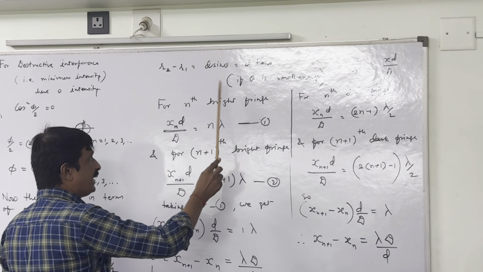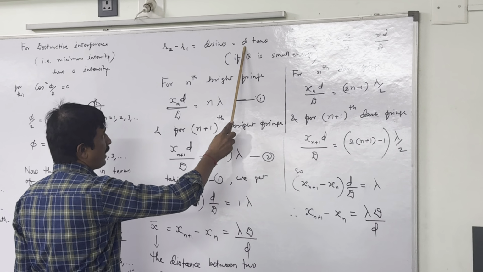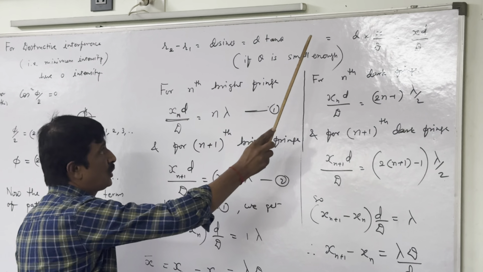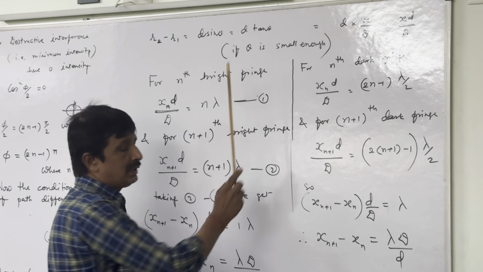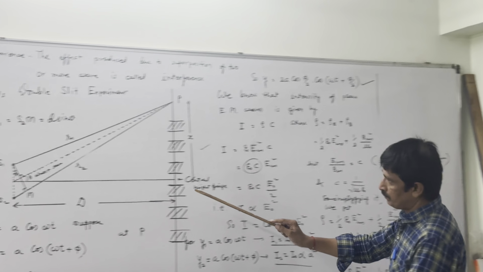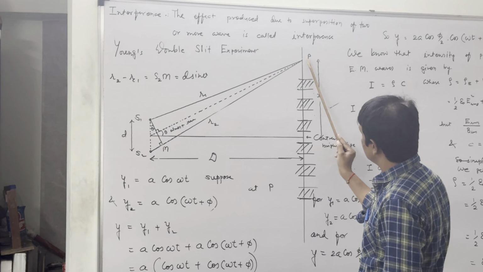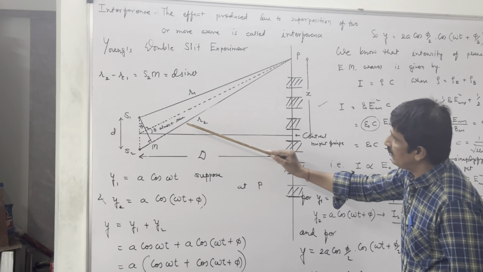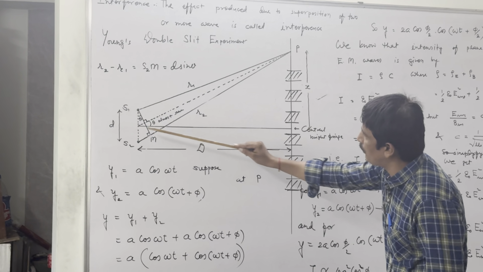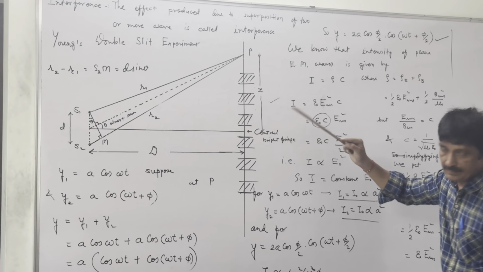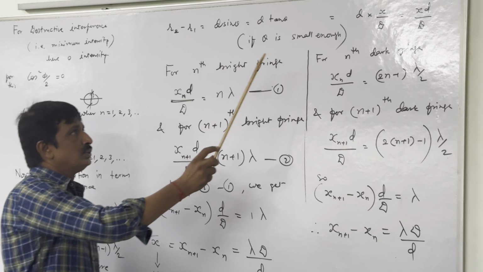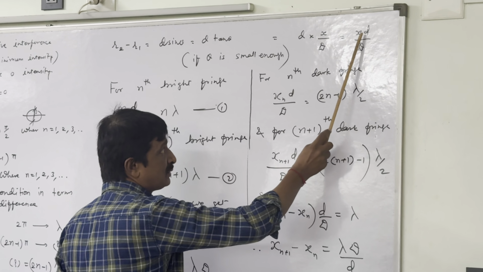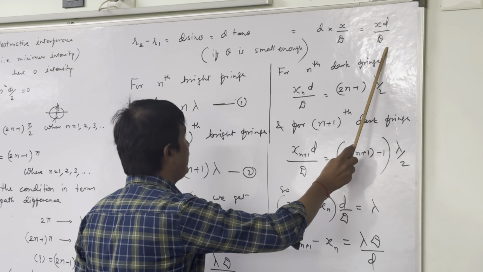If theta is very small, then we can replace sin theta by tan theta, so d tan theta. Using this triangle, this dotted line, this and this, tan theta is the opposite side x upon the adjacent side D. So d into x by D, so writing separately, xd by D.